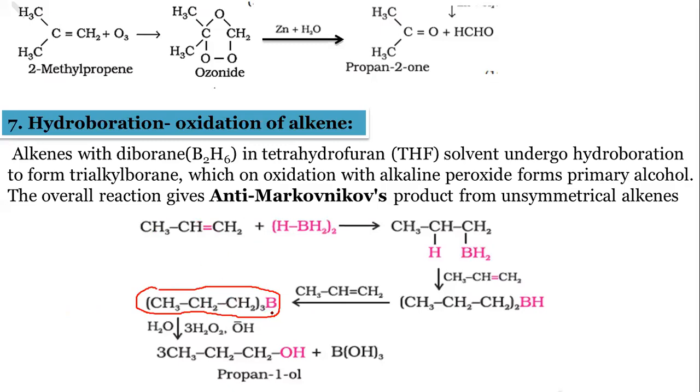So trialkyl borane is the first compound, which on oxidation with H2O2, hydrogen peroxide, which acts as the oxidizing agent, with alkaline peroxide. Alkaline means a base is used, that's why it is called alkaline. If acid is used, it is called acidic oxidation, but here a base is used. So alkaline peroxide forms primary alcohol.